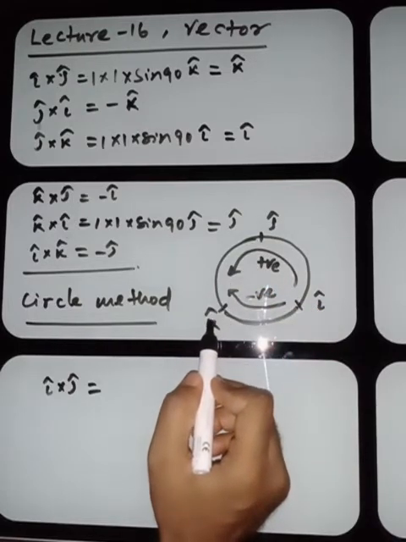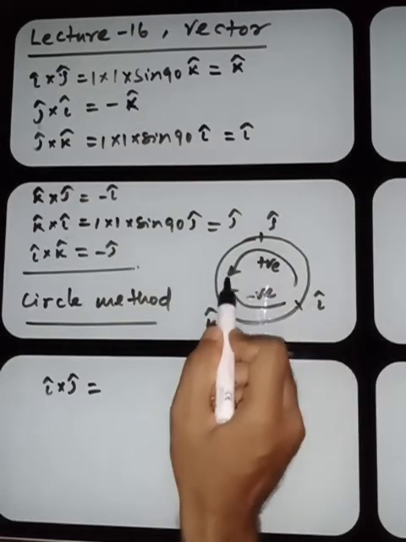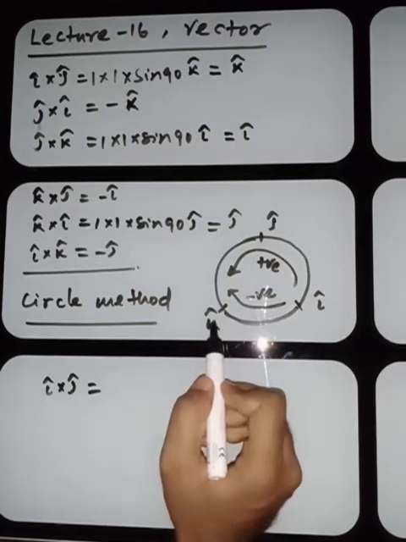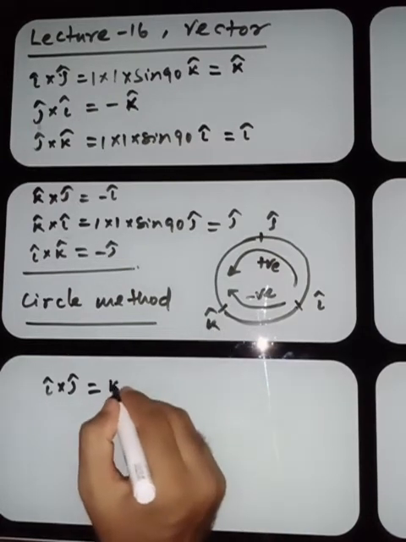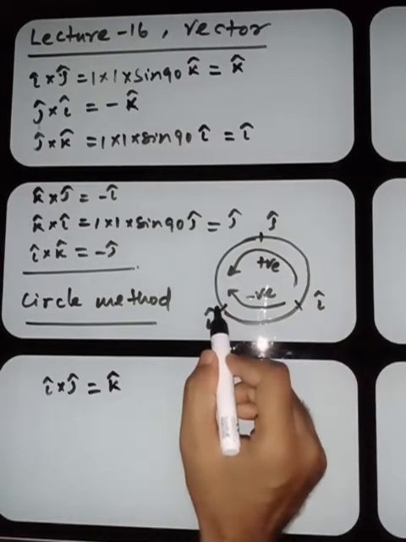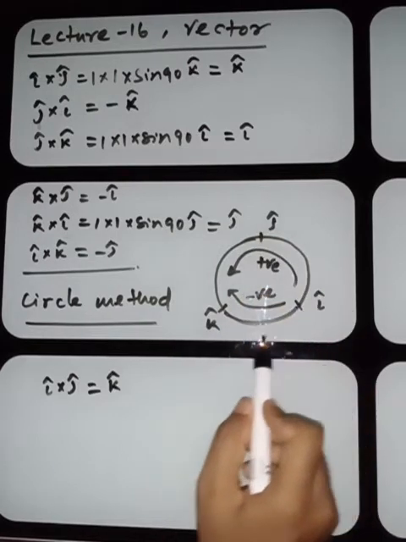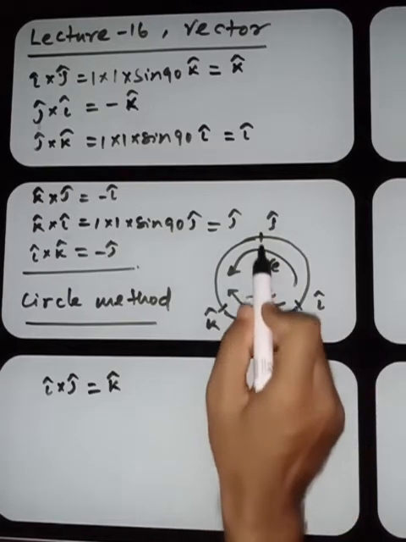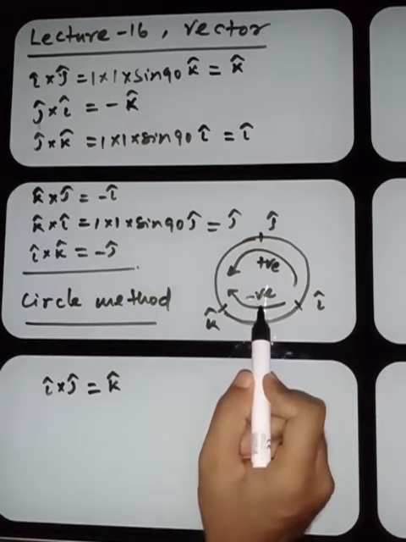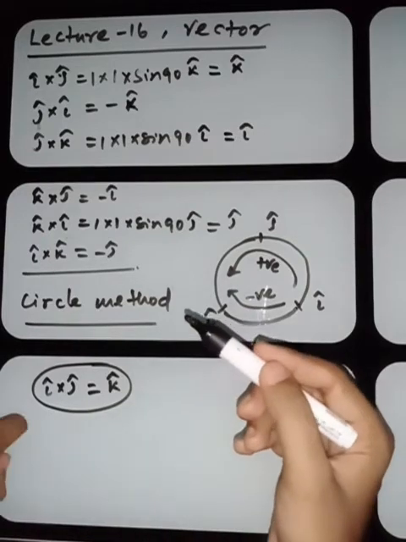But whether this k will be positive or negative: we are moving in this direction, and we get the next one, so this k will be the answer, but positive k. So i cross j is k. But j cross i, the next will be k, and we are moving in this way, so it will be negative. In this way we find the value of the cross product. You can verify your answer from here also.